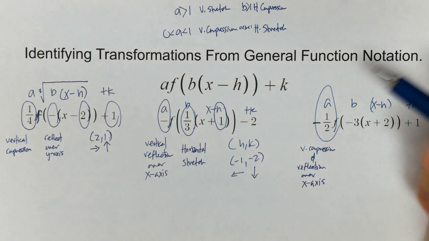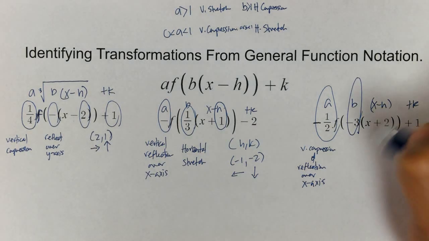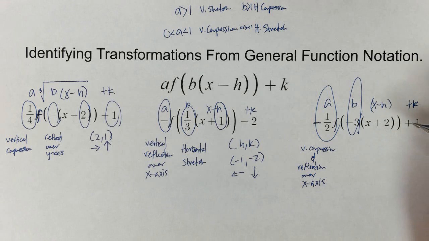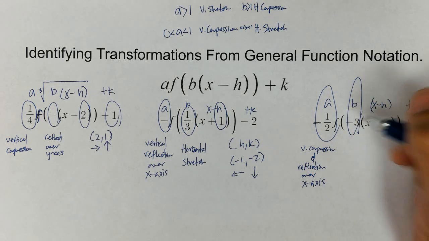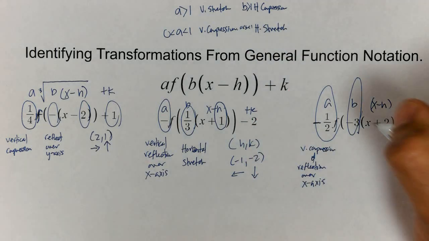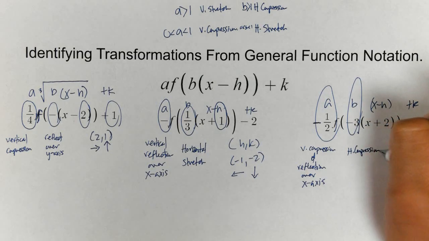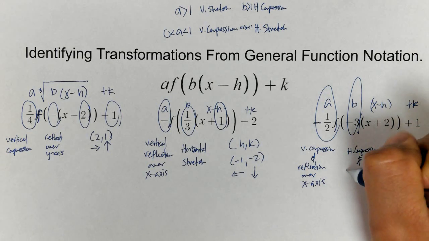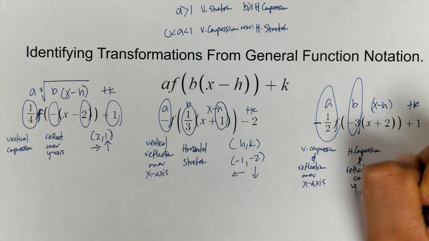So it's flipping over the x-axis and compressing it. The b is flipping it over as well, but over the y-axis. And the 3, since it's bigger than 1, is a compression. So this is a horizontal compression and a reflection over the y-axis.